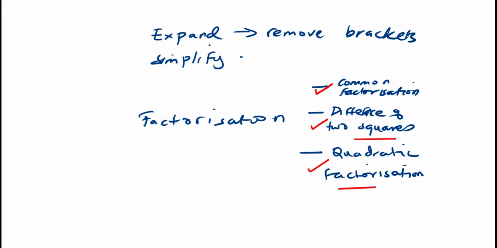But for the introductory lessons we are having in algebra, where we are mastering the skills that we will need for algebra, we will be looking at the common factorization, the kind of factorization where we look out for common terms or common elements in an expression and then bring them outside the bracket and then keep everything inside. So let's go and look at that kind of factorization as one of the basic skills in algebra.